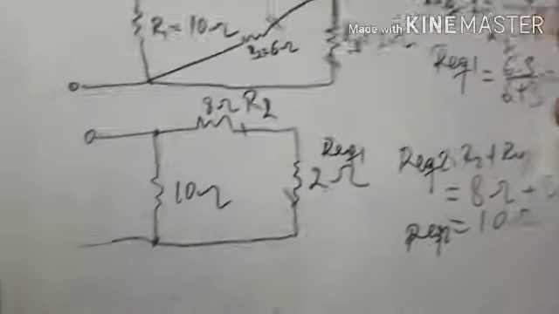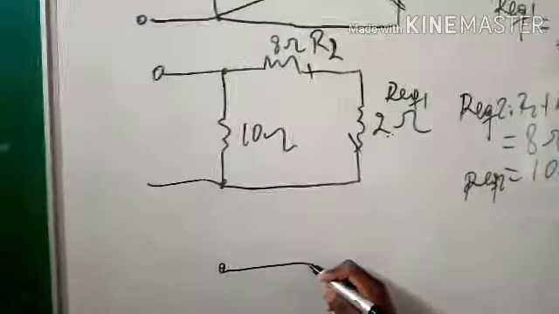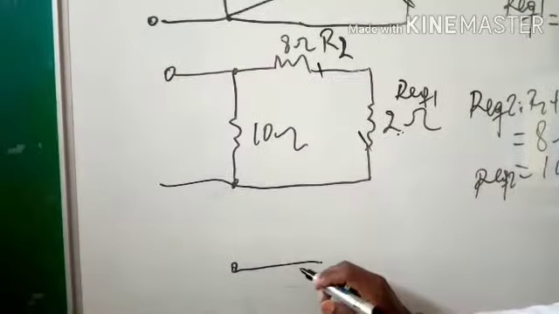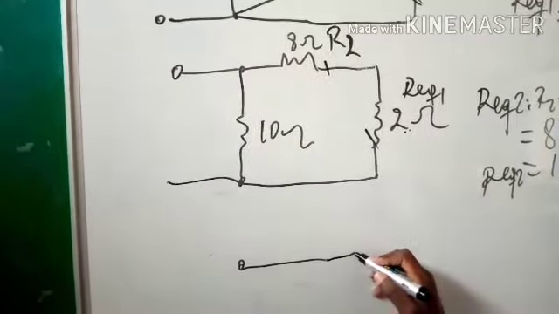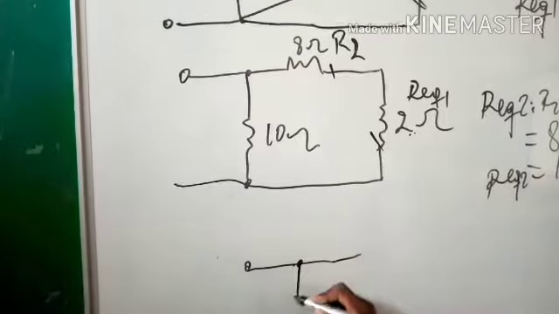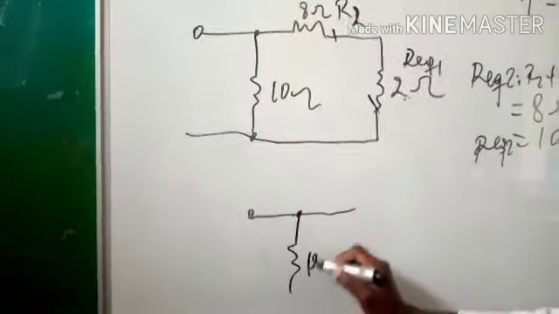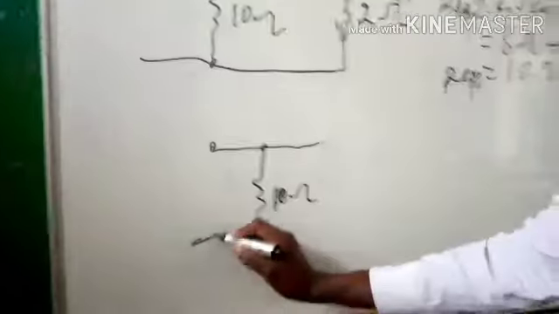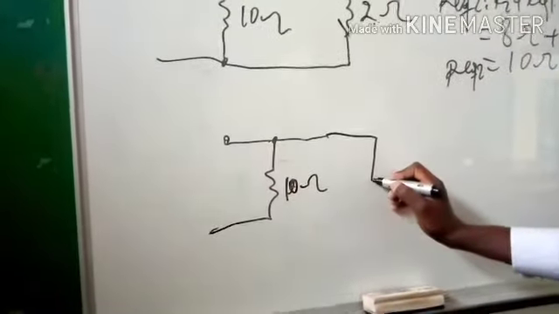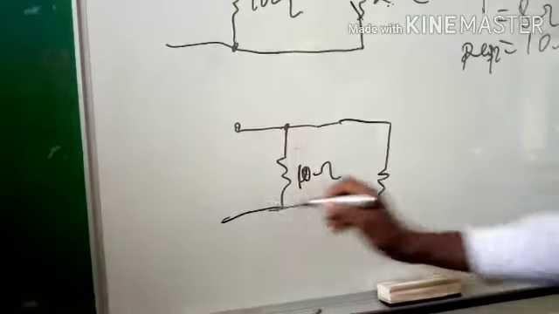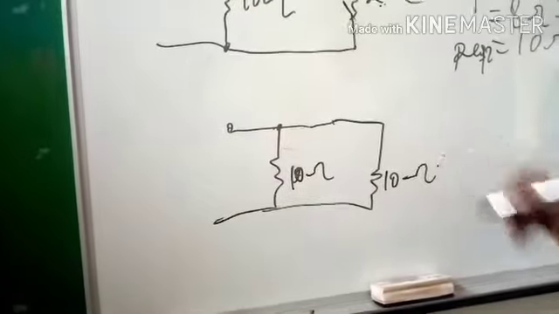Then the circuit will be like this. Here we combine it together. Here there is R1. Here also we have 10 ohm.